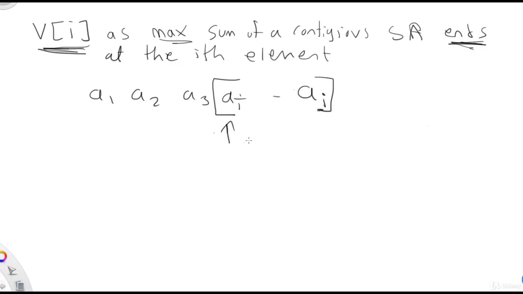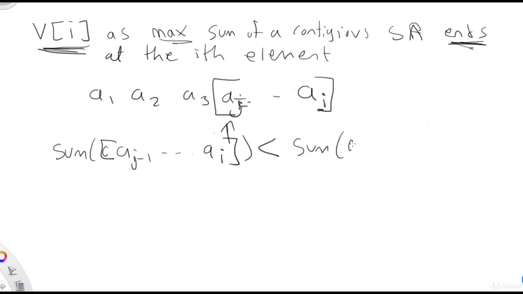subarray ending at Ai. So the sum from A(j-1) all the way to Ai is always less than the sum from Aj all the way to Ai.